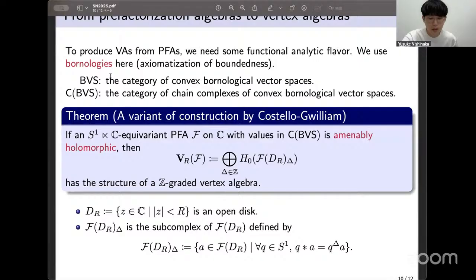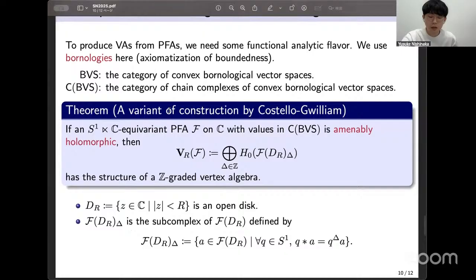This category is pre-abelian, so consider the category of chain complexes of complex bornological vector spaces. And to construct vertex algebras, our prefactorization algebra needs to be equivariant under the natural action of the isometry group on the complex plane.